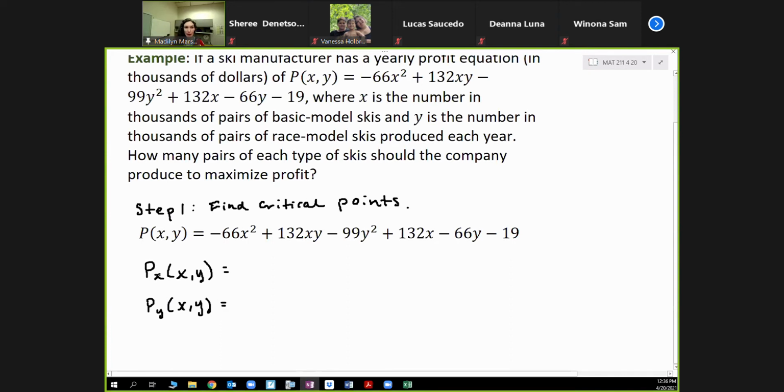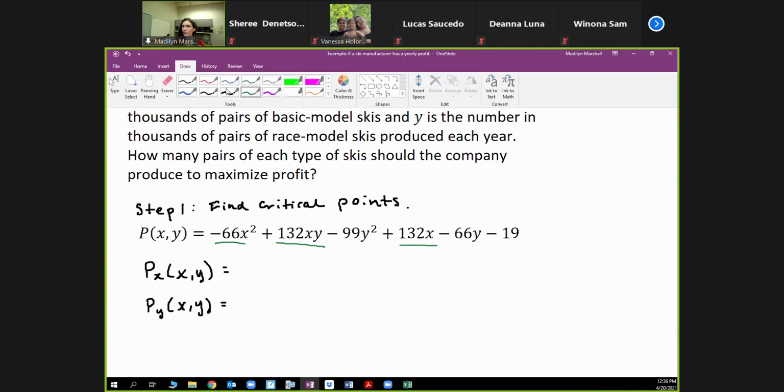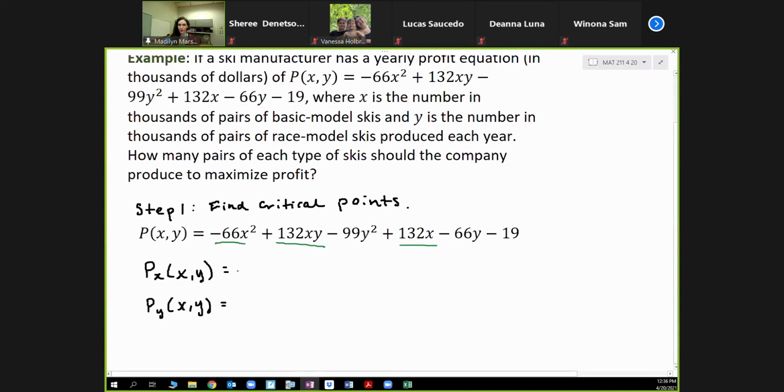So our partial with respect to x, we would go through every term and find the terms that have x's in them, and those are the ones we need to do the derivative of. So negative 66x squared will end up being negative 132x.